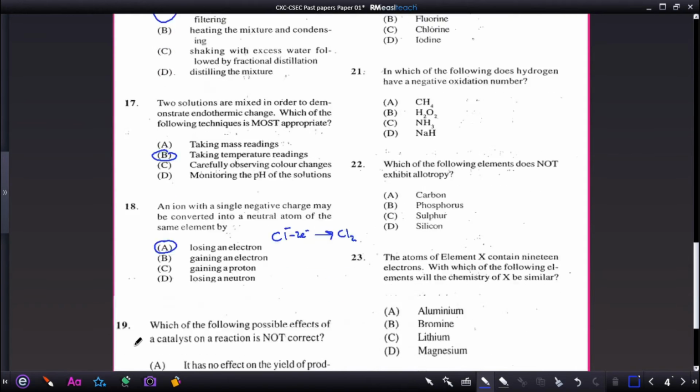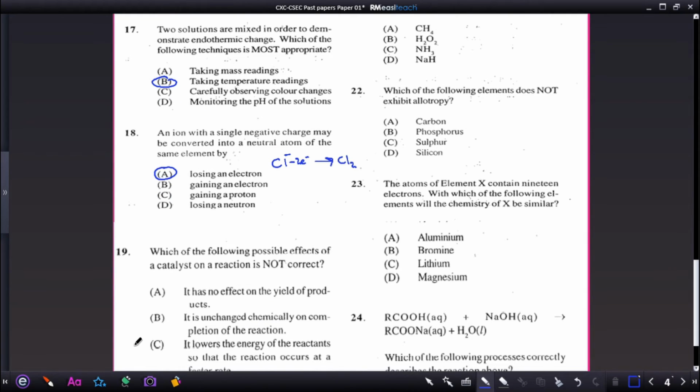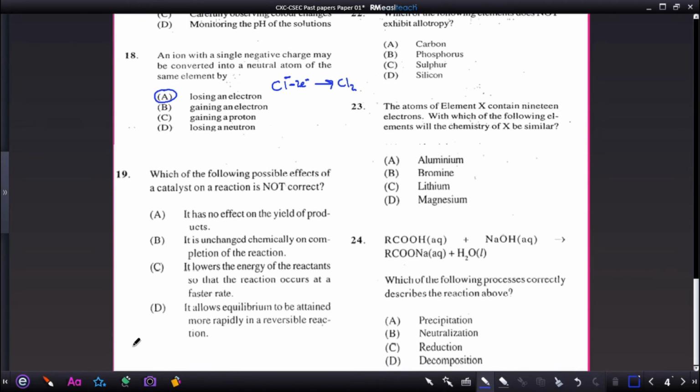Question 19. Which of the following possible effects of a catalyst on a reaction is not correct. A. It has no effect on the yield of products. A is true. B. It is unchanged chemically on completion of the reaction. True. C. It lowers the energy of the reactants so that the reaction occurs at a faster rate.